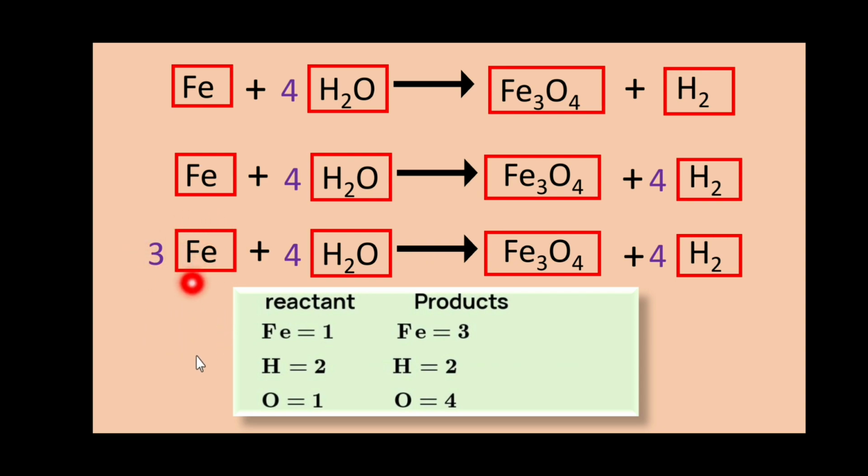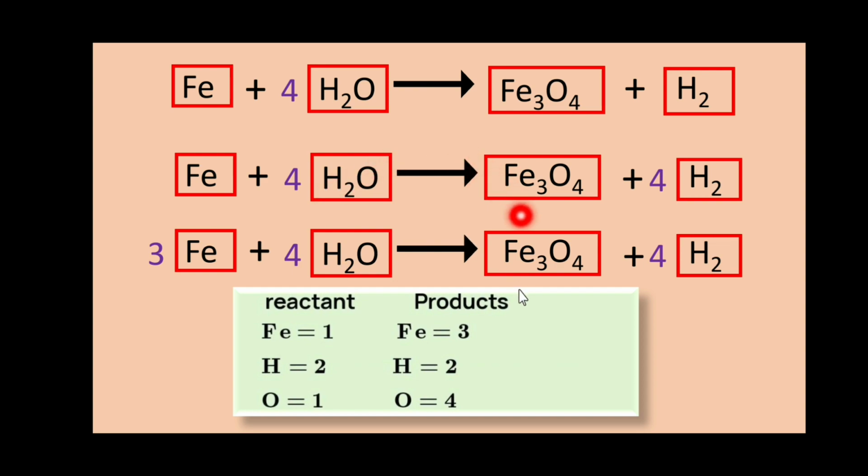Now on the reactant side, 3 atoms of iron are there. On the product side, 3 atoms of iron are there, and hence on both sides we will find the same number of atoms.